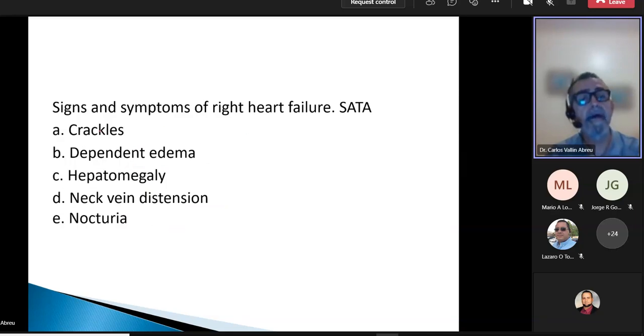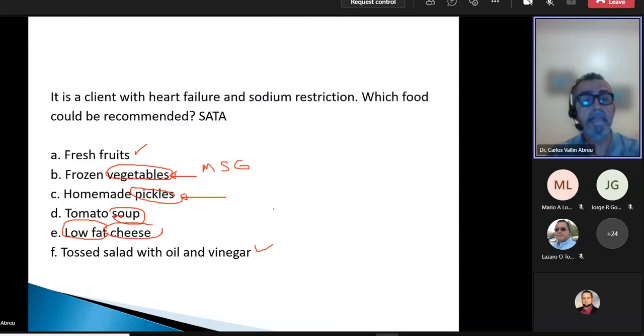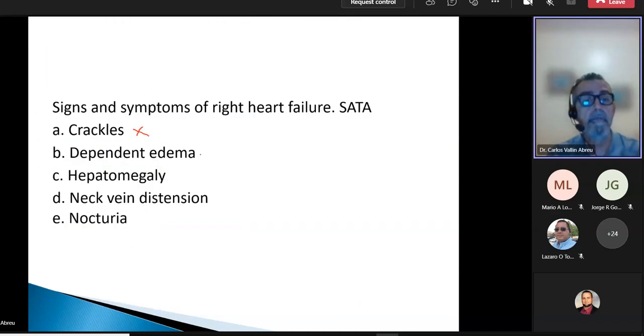Another way of testing this concept: signs and symptoms of right heart failure, select all that apply. Okay, so crackles, no, crackles is left heart. You remember? Crackles is left heart, is lung. So no, crackles, no. Dependent edema, yes.